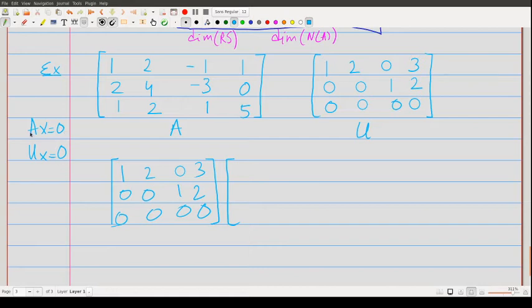This will become 0, still remains 0, and this will become U. So if I try to find x1, x2, x3, this equals 0, 0, 0.